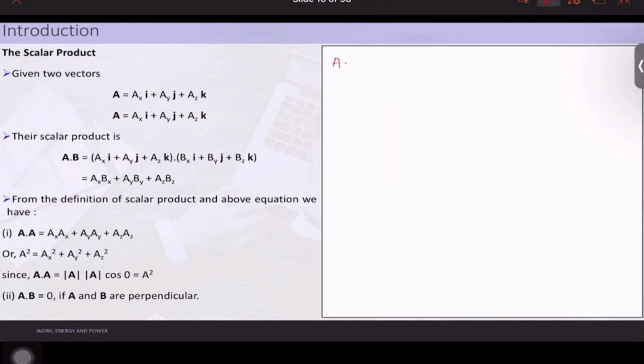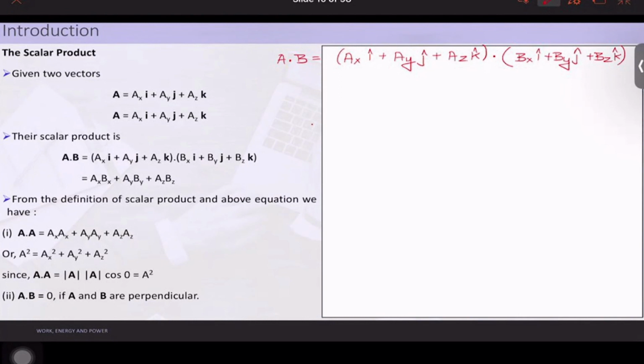So A dot B, correct, which is equal to (ax i cap plus ay j cap plus az k cap) dot product with (bx i cap plus by j cap plus bz k cap). Correct?